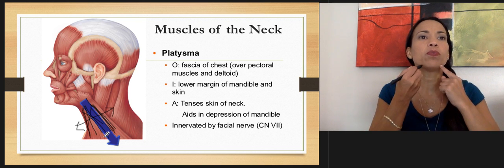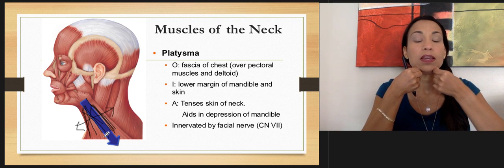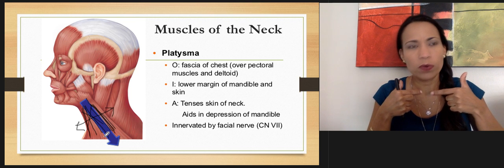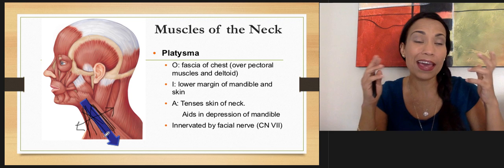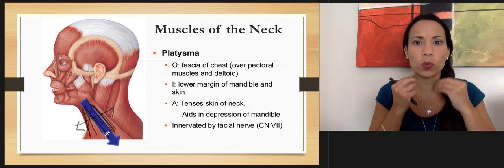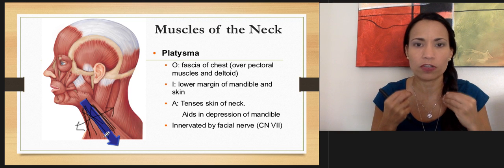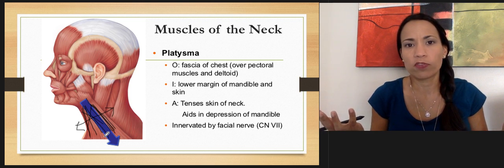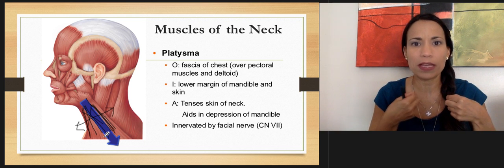Again, you're going to move the insertion towards the origin. So you're going to lower the mandible. Now, this is a muscle that helps to lower the mandible, or to depress the mandible. That's the correct term. But honestly, that happens only because of gravity. Okay, but the platysma helps in there.